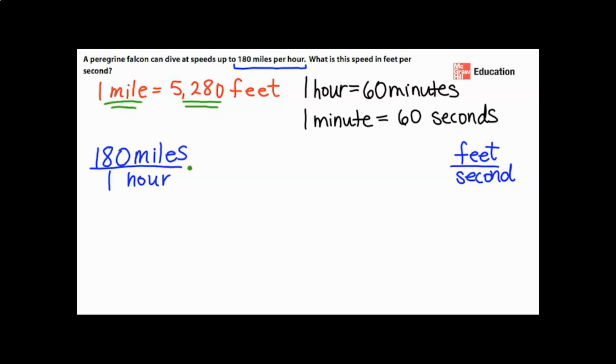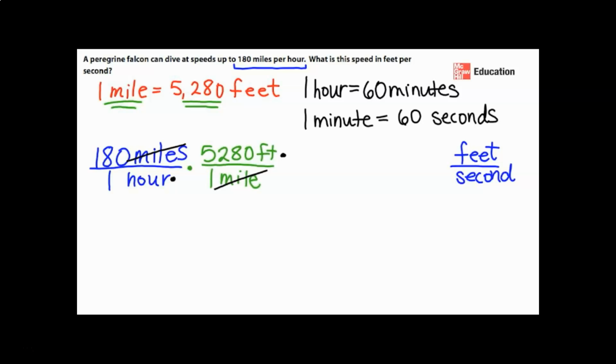So we'll multiply by the fraction 5,280 feet is equivalent to 1 mile. Notice that the word mile is in the numerator and the denominator, which now allows us to see an answer in feet per hour. Feet per hour.